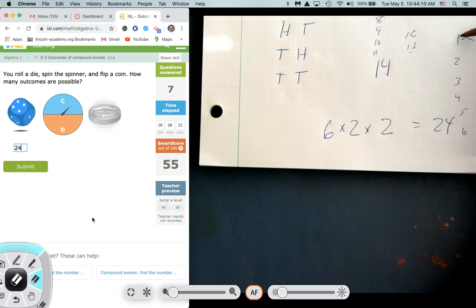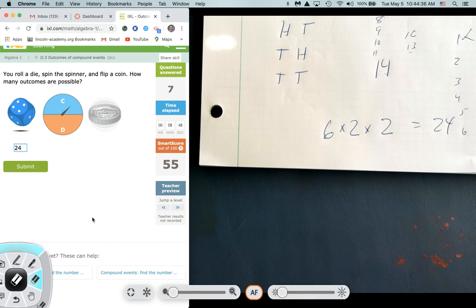For each one of these, there's 2. So there's 2 times 6 is 12. I keep messing up my numbers, don't I? There's 2 for each one of these, and how many of these are there? There's 12 of them, because there's 2 for each one of these. So there's 12 of these, and each one of these has 2 outcomes. 12 times 2 is 24.